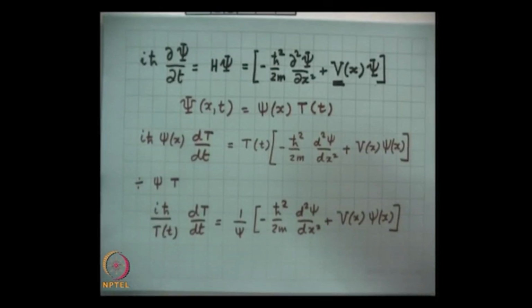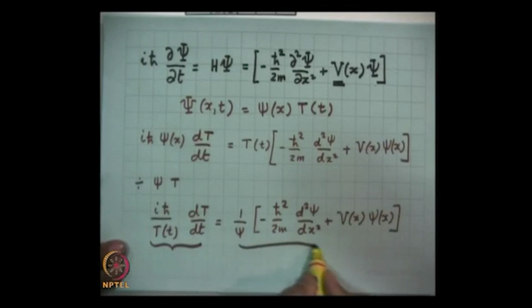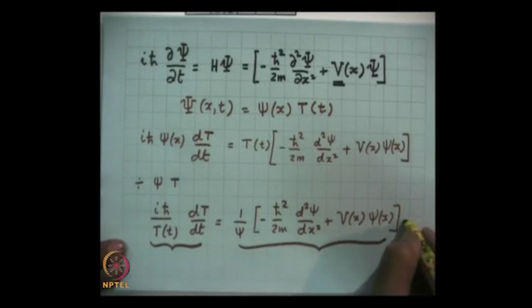Now, the variables have separated out. The left hand side is a function of time only, the right hand side is a function of space only. So, therefore, both sides must be equal to a constant.